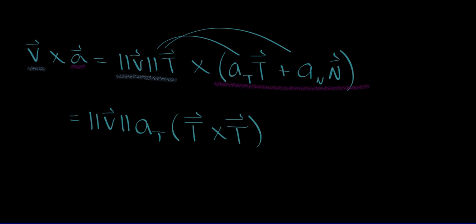In other words, I just pulled out the constants. The magnitude of V and A sub T are just constants. Plus, over here, I've got the magnitude of V, A sub N, and then I've got T cross N. Do y'all dig that?